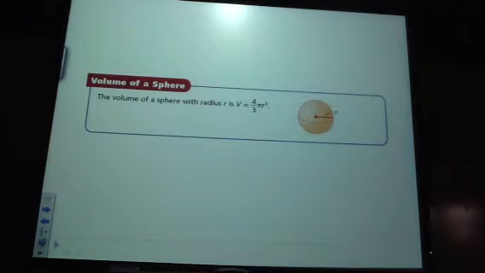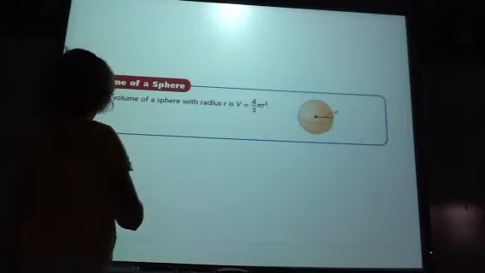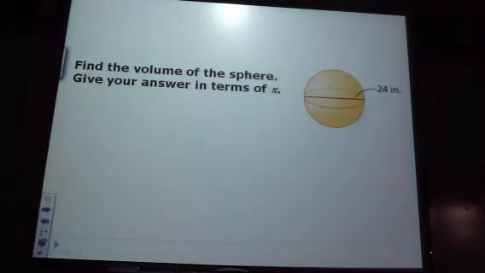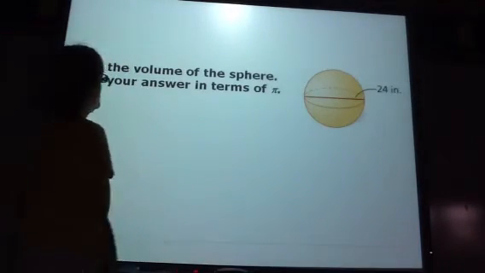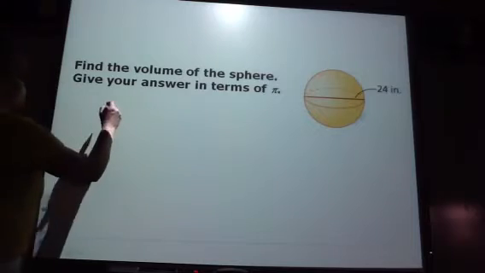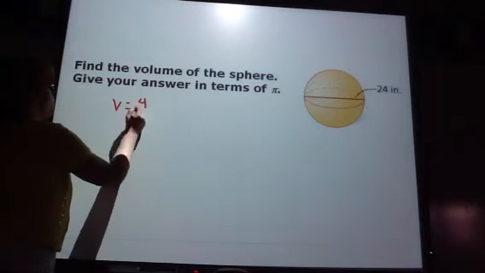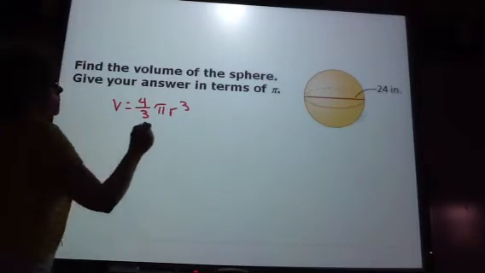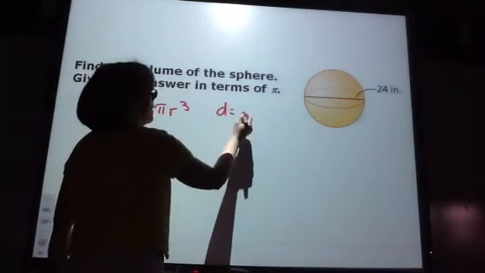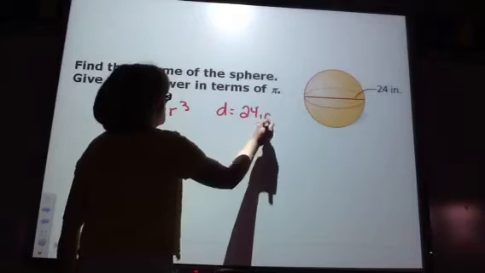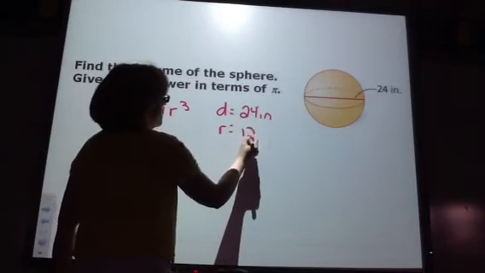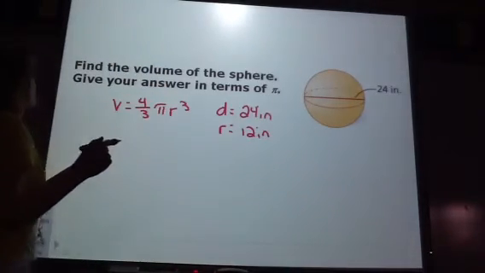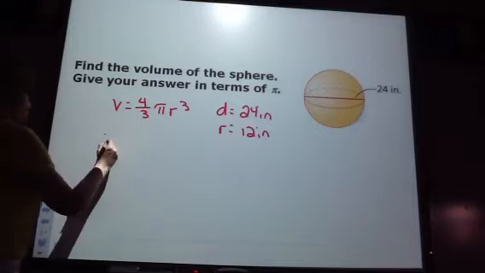All right, so we've already talked about how you get the formula for the volume of a sphere, so let's apply it. Find the volume of this sphere. Your formula is 4/3 pi r cubed. Well, the diameter is given, so the radius is half of the diameter. We need to leave our answer in terms of pi.